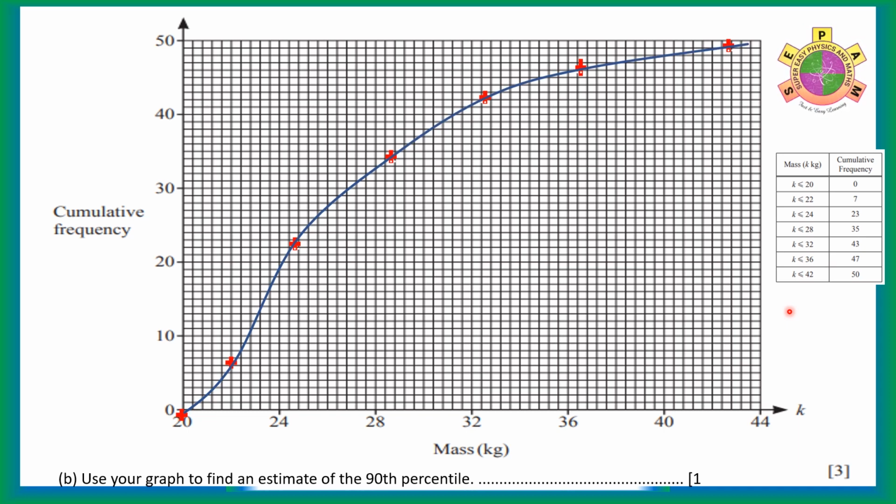Then they say use the graph to estimate the 90th percentile. So the 90th percentile is 90 over 100 multiplied by the total frequency, that will give us the 45th mass.